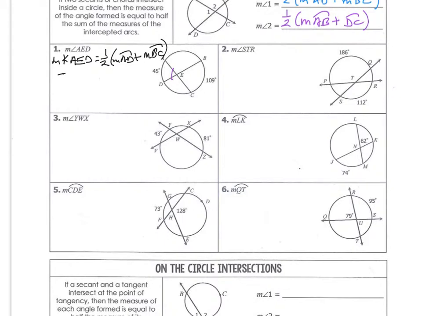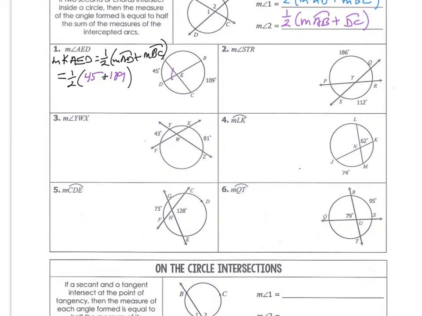So we have equals 1/2 times, what's the measure of arc AD? What is it? 45 degrees, plus the measure of arc BC, which is 109. So take your handy dandy calculators, add 45 and 109.